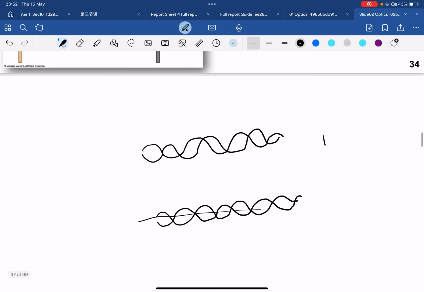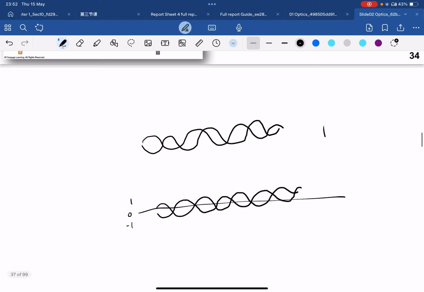So here now, you can do 1, 0, -1. So here, this one is 1, this one is -1. This one is 1, this one is -1. This one is 1, -1, 1, -1, 1, -1, 1, -1.